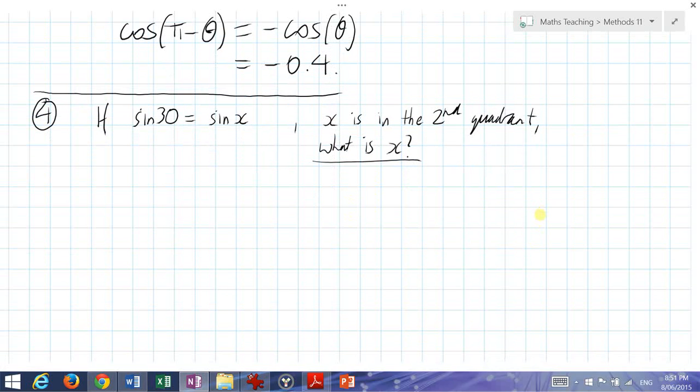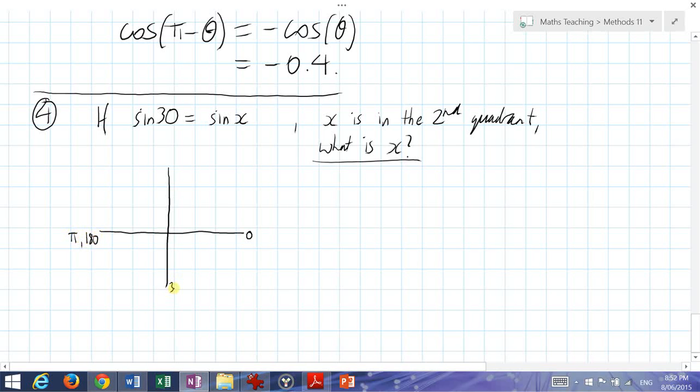What is x? So to answer these, we're talking about quadrants. Let's have a brief reminder about our different quadrants. We know that over here is 0 degrees, over here is pi, or pi radians, or we could say 180 degrees.